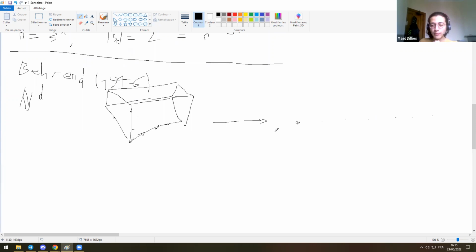So if we have a point a_0 up to a_(d-1), we can map that to a_0 plus a_1 k plus up to a_(d-1) k to the d minus 1.